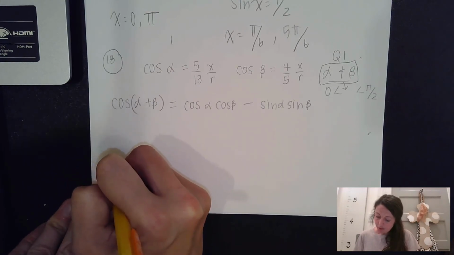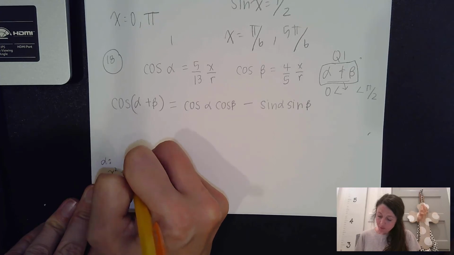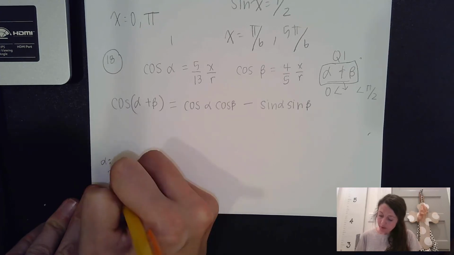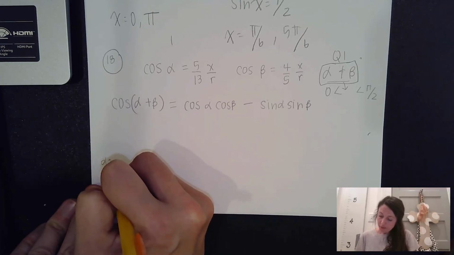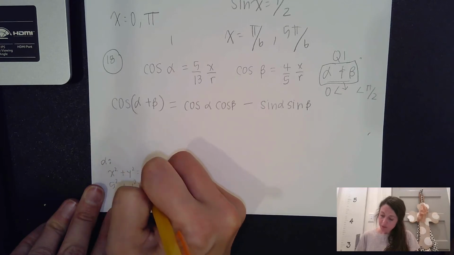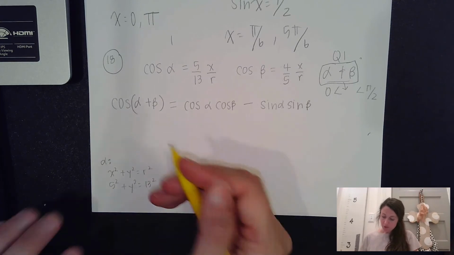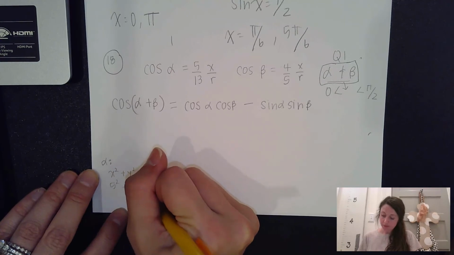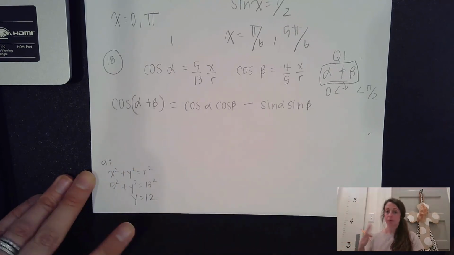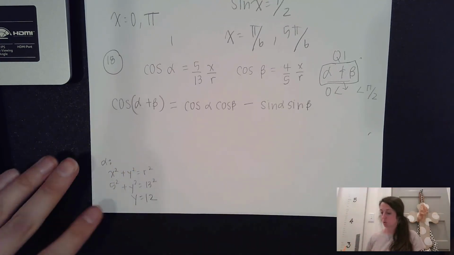So for alpha, remember, x squared plus y squared is going to be equal to r squared. So I'll have 5 squared plus y squared is equal to 13 squared. So that's 13 squared minus 5 squared, which is 12. I'm in the first quadrant, which helps. Everything's positive in the first quadrant.